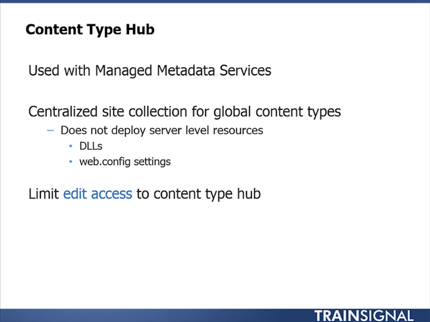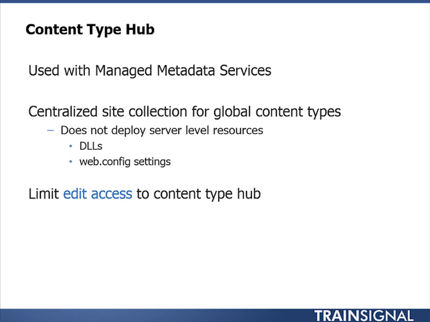Now, when it comes to content types in general, I want to control who it is that's allowed to modify them. Because what you're going to be doing is creating a taxonomy that's going to be reused in a lot of different locations. So we want to make sure that not everybody is able to create content types. And this is going to be doubly true when we're dealing with our Content Type Hub, because this is going to get pushed out to the entire SharePoint farm.